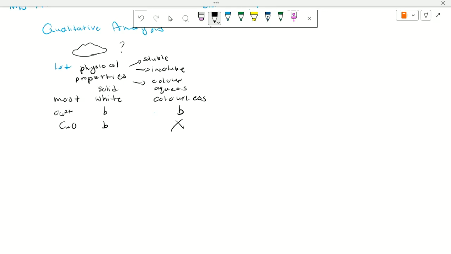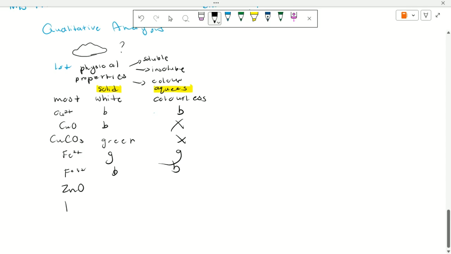Anyways, we have CuCO3, which is green in solid form. Let me fix this so you're not confused. Green, and then Fe2+, green, and then Fe3+, which is brown, and then ZnO. This one is important because it's going to mess with you a bit. When it's hot, it's yellow, but when it's cold, it's white.